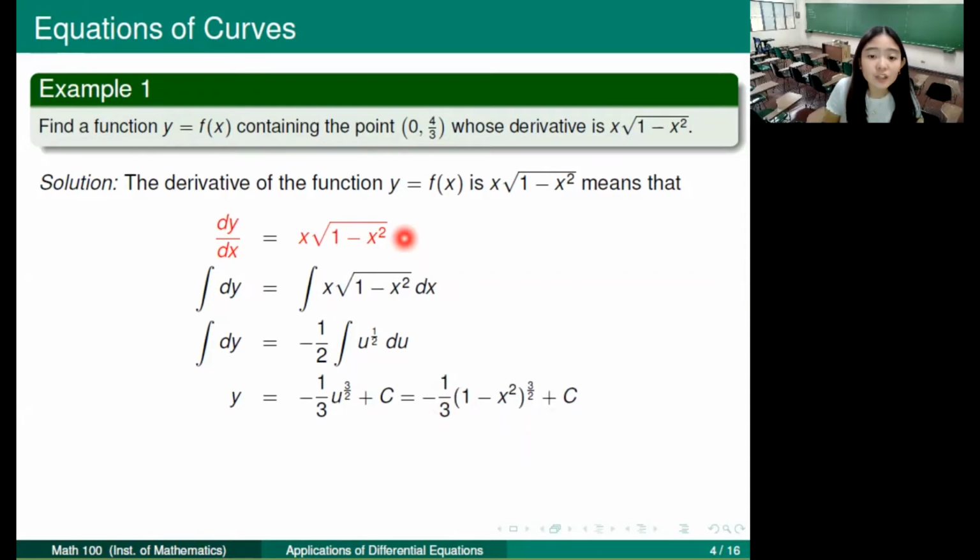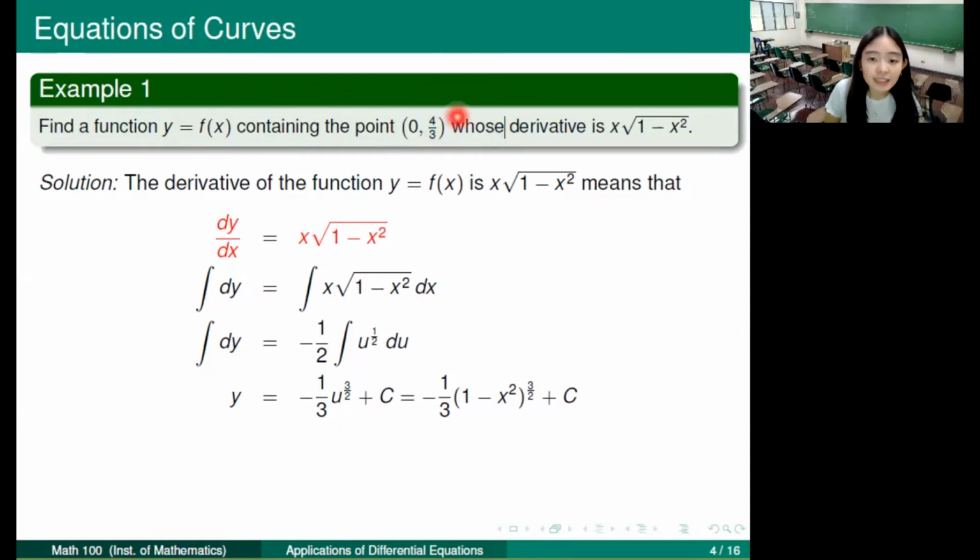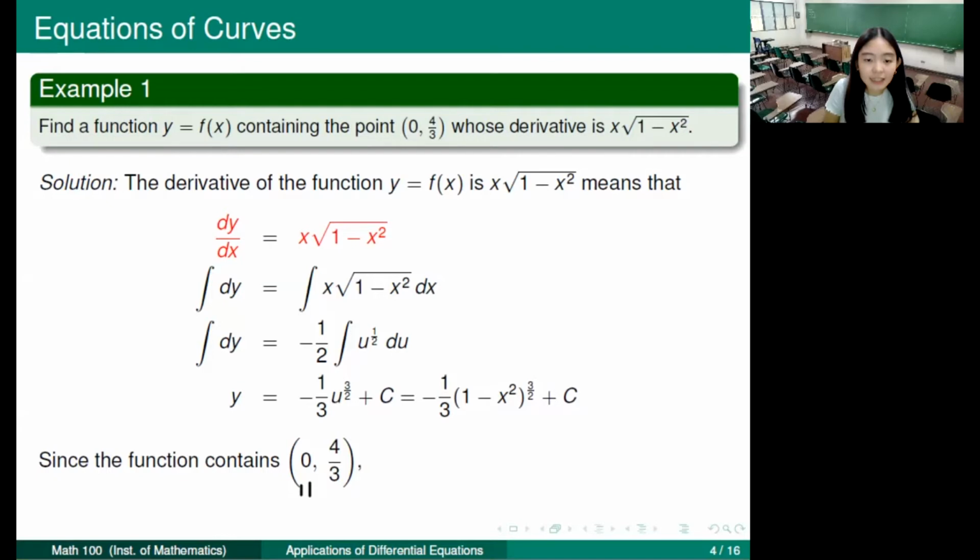So na-solve na natin yung initial na DE natin at nakuha ang complete solution, but we want our curve to pass through 0/4 as well. Subjecting our complete solution here to 0/4, this just means that kung ang x ng ating function ay 0, then dapat ang y niya ay 4/3. So we just substitute both values actually.